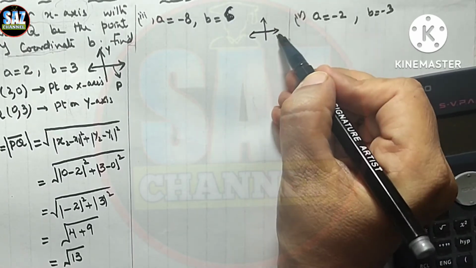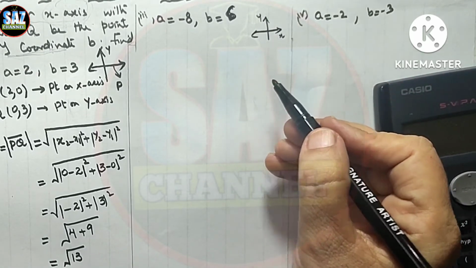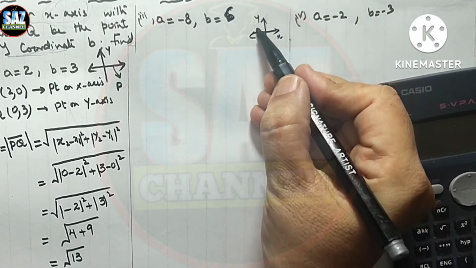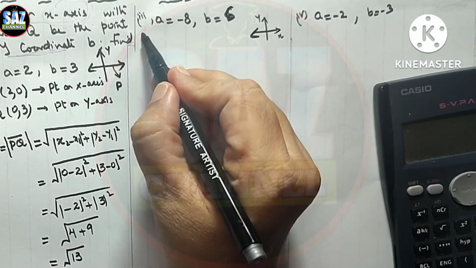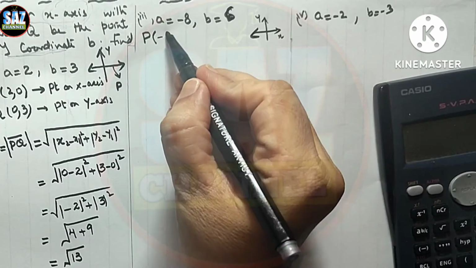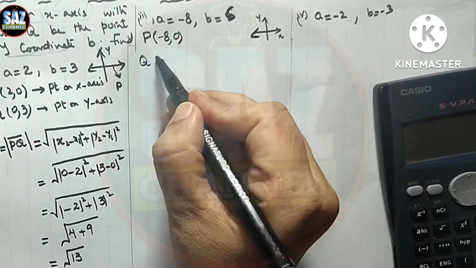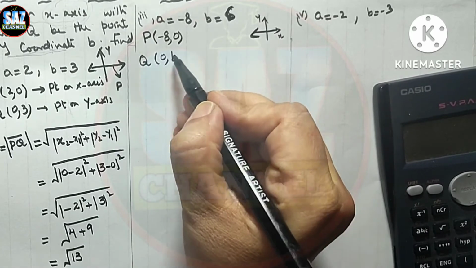This is my x-axis and this is the y-axis. If P is on the x-axis, what will be the coordinates of this point? It will have y value 0. P will have the coordinates minus 8 and 0, and Q will have the coordinates 0 with 6.